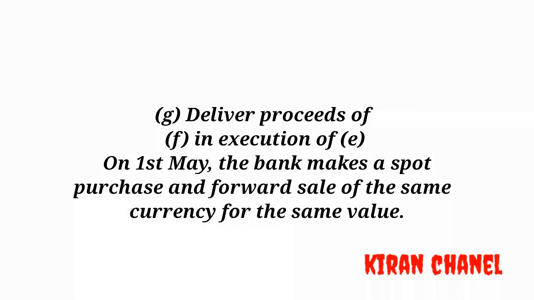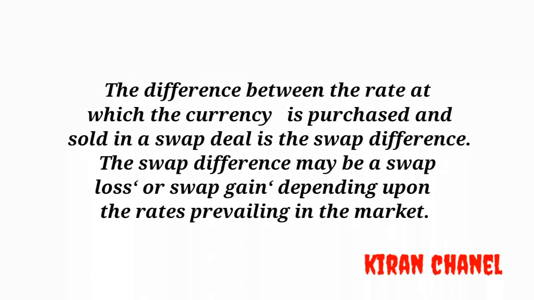On 1st May, the bank makes a spot purchase and forward sale of the same currency for the same value. The difference between the rate at which the currency is purchased and sold in a swap deal is the swap difference. The swap difference may be a swap loss or swap gain, depending upon the rates prevailing in the market.